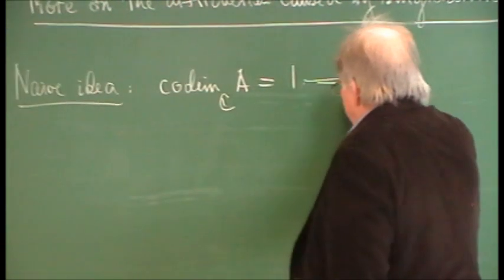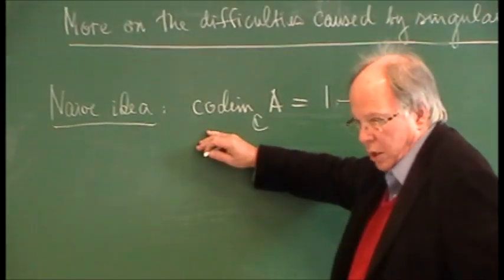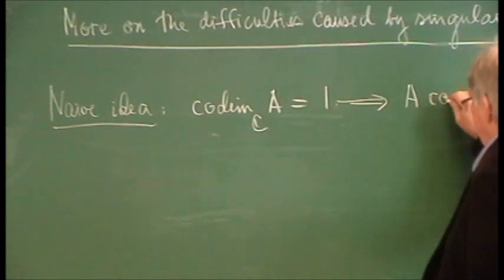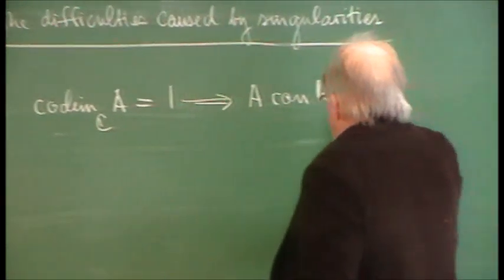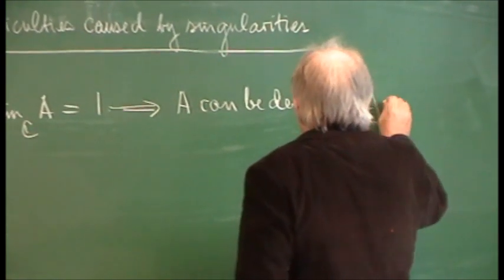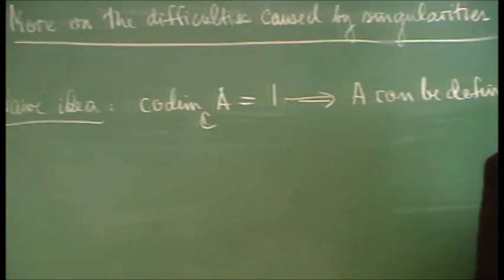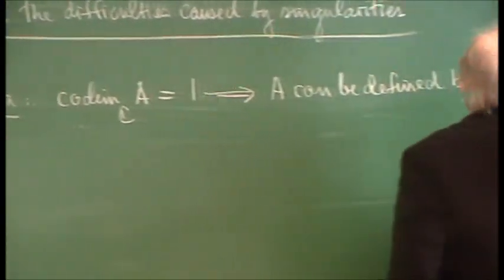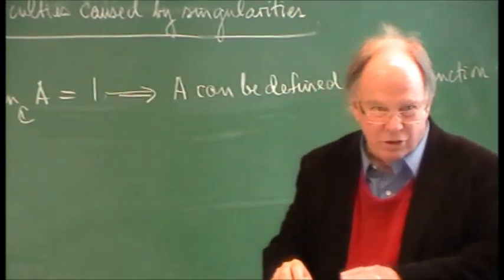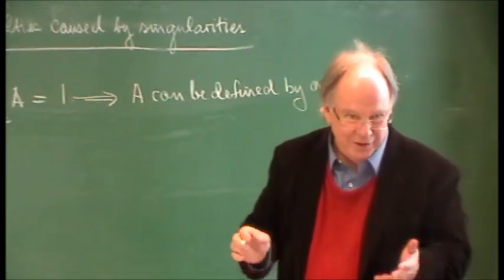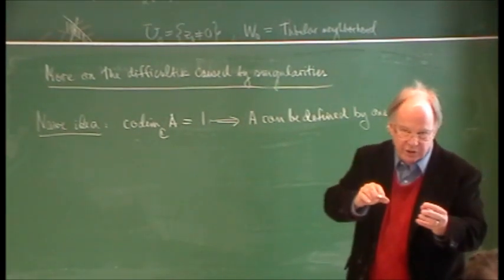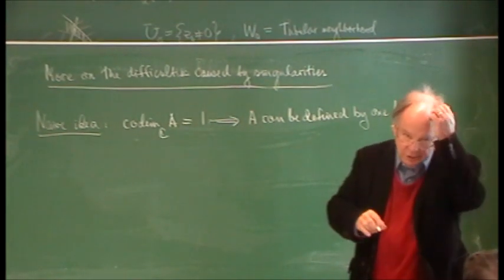We would be very happy if the codimension is 1, then A can be defined by one function. Then there's a really good, maybe almost unique function. You can normalize it somehow and so on. So there's a very good relationship between sets and functions.